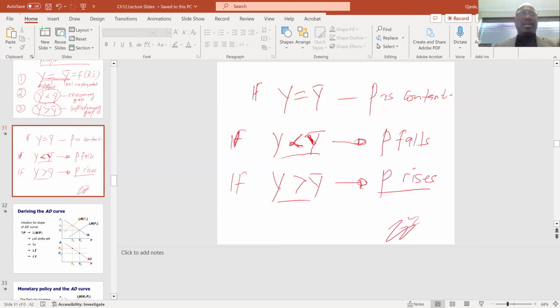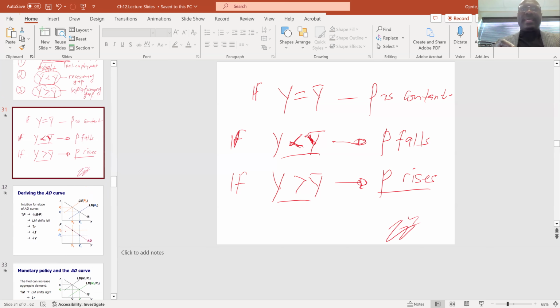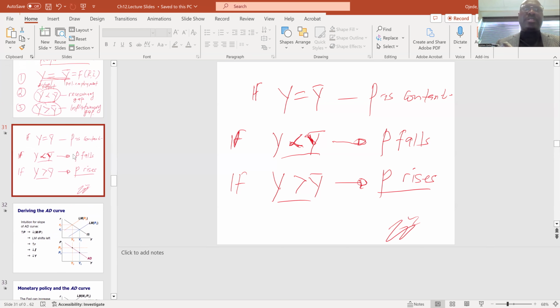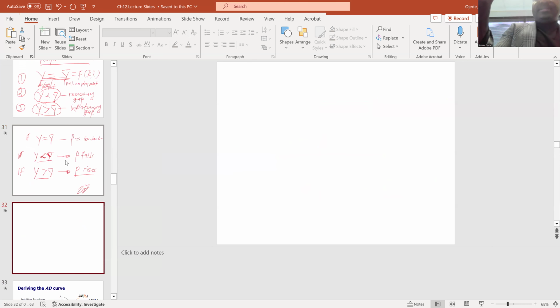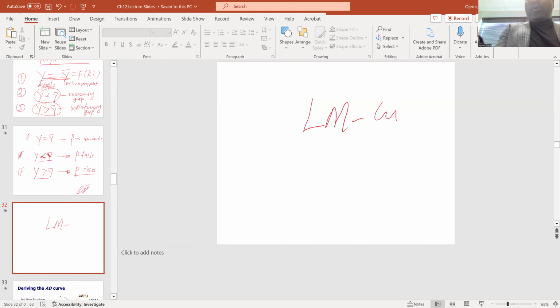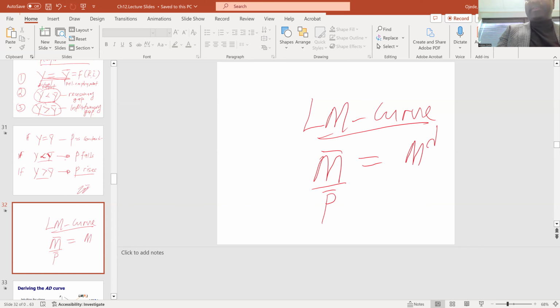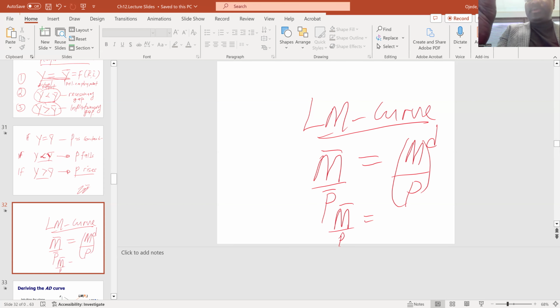There you go. Okay, so the idea here is that before I start deriving that, I want to put it in context. The LM curve or equation is derived from the money market, when M over P bar equals the money demand function, MD.